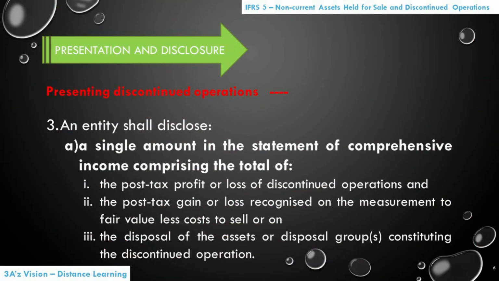An entity shall disclose a single amount in the statement of comprehensive income, comprising the total of the post-tax profit or loss of discontinued operations, and the post-tax gain or loss recognized on the measurement to fair value, less costs to sell or on the disposal of the assets, or disposal groups, constituting the discontinued operation.